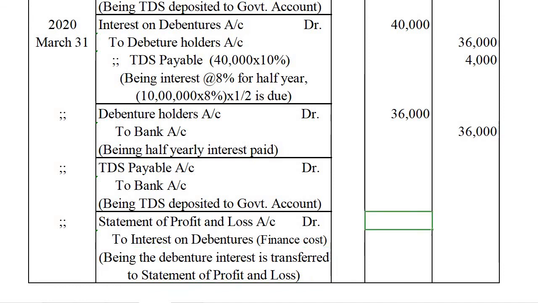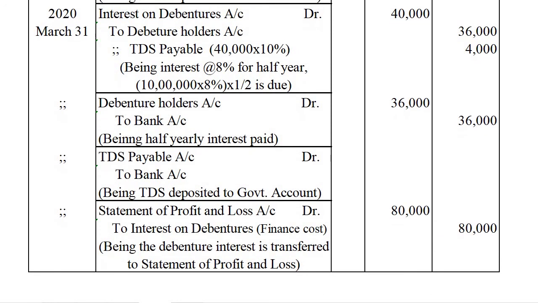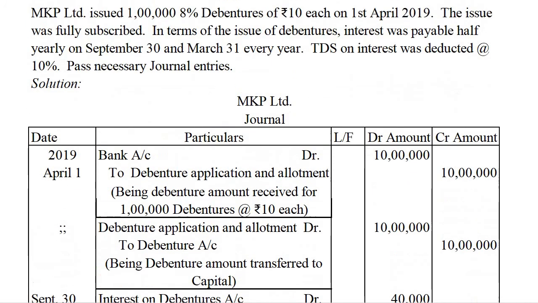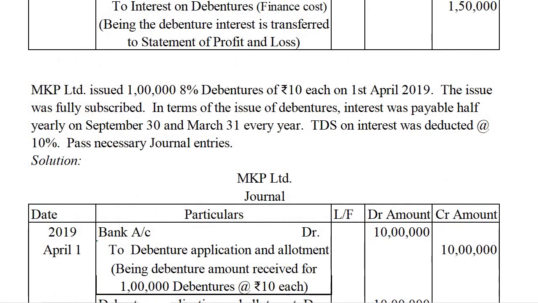So how much is the total interest? Total interest is 80,000. So statement of profit and loss debtor 80,000 to interest on debentures 80,000. So that's all. This is the way of preparing journal entries for the issue and for the treatment of interest on loan.